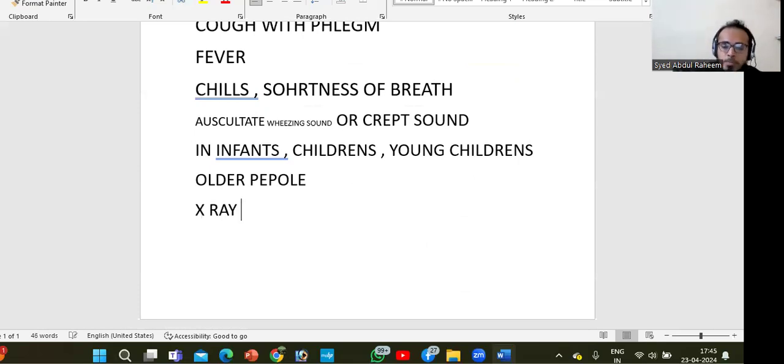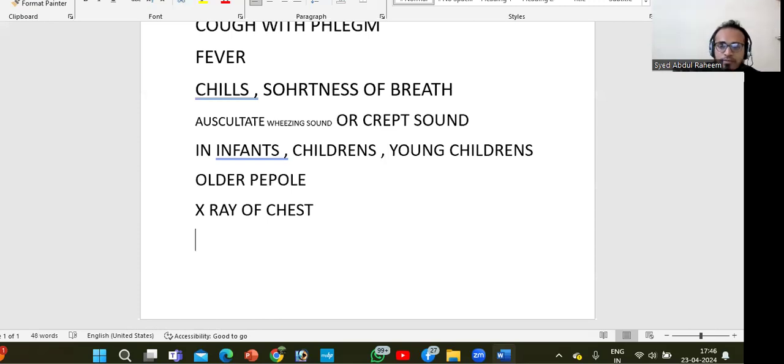X-ray, a basic X-ray of the chest, is required. It is always the primary concern whenever you have respiratory system diseases. If the patient is not cured in more than 4 to 5 days, or 5 to 7 days, you have to go with the X-ray.